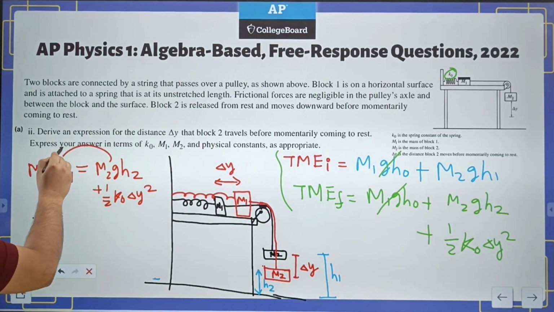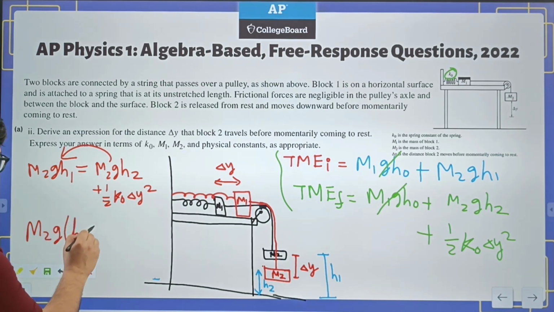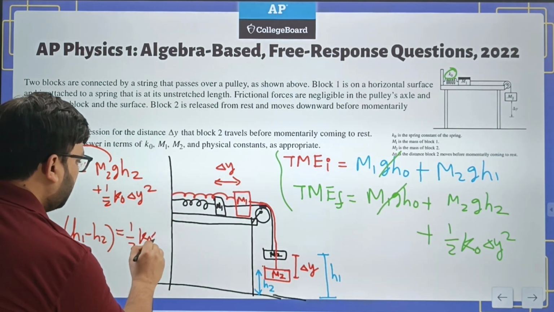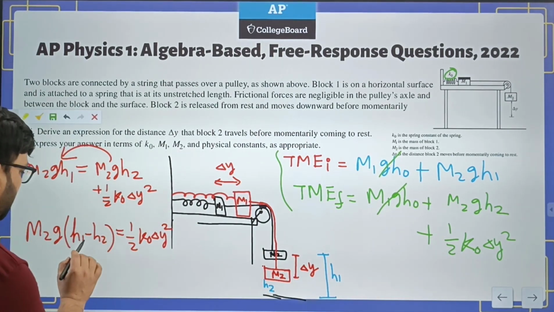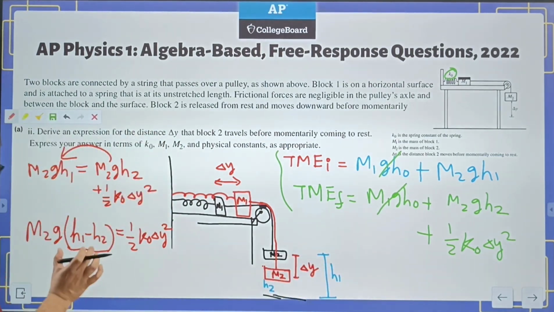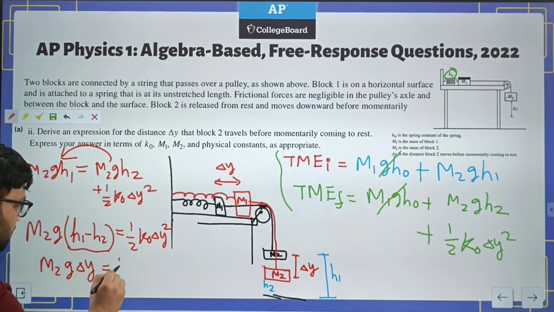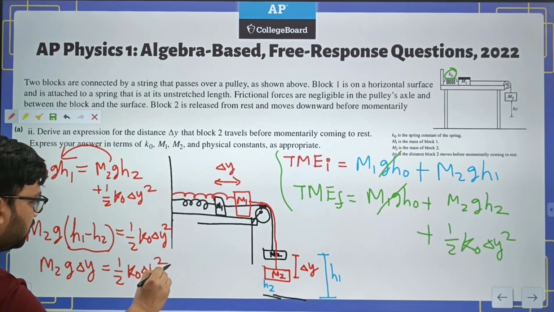So I'll bring this term this side. I will get m2 g (h1 minus h2) is half k naught delta y square, right? From here, h1 minus h2 is nothing but delta y. So for this thing, I'll write delta y. m2 g delta y is equal to half k naught delta y square.